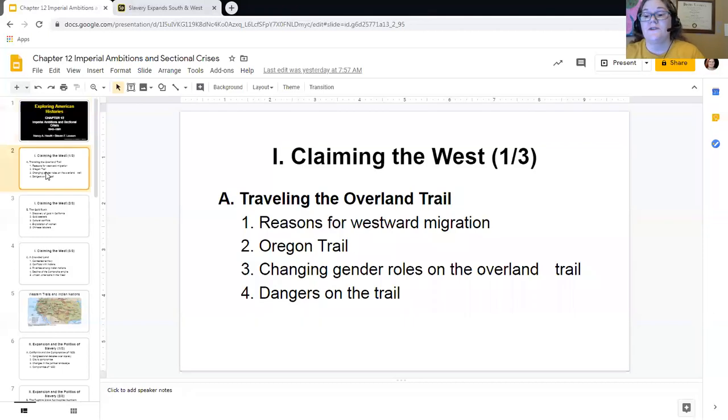So as we're moving into the Western Territory, we are traveling what's called the Overland Trail. And this travel on these different trails really increases after the 1830s. Remember 1831, we see Nat Turner's Rebellion.